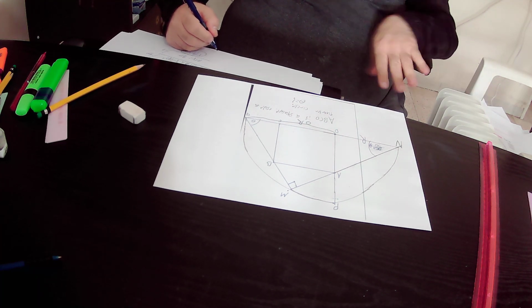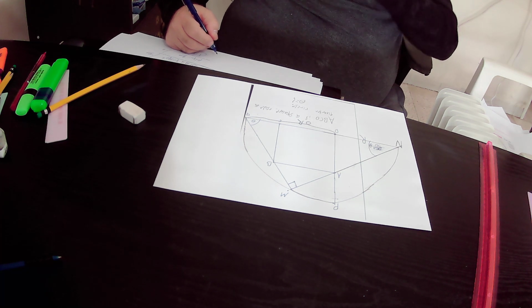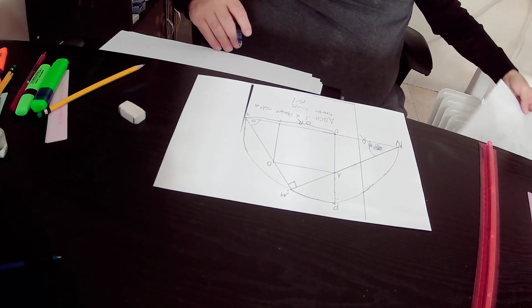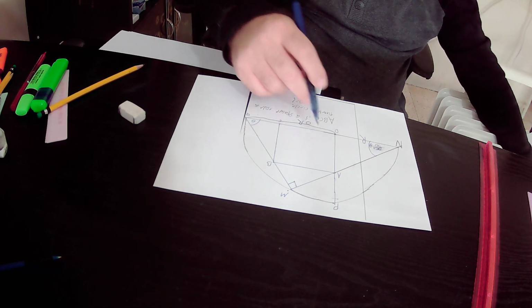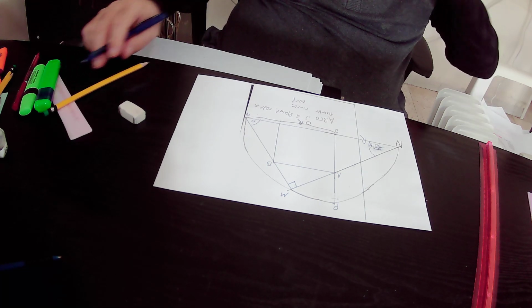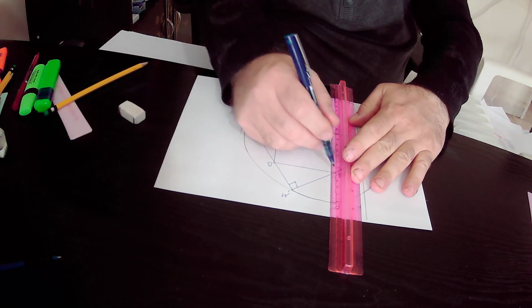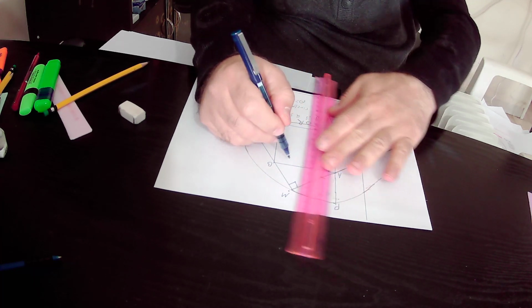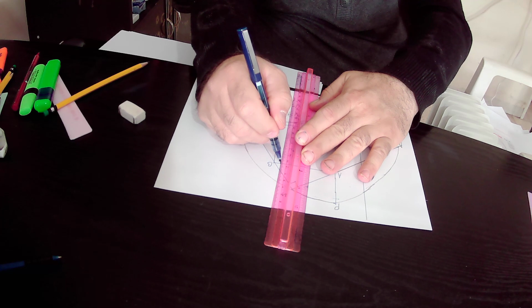We also know that all the angles inside the square are right angles. So inside square ABCO we have 4 right angles. Those 4 angles are right angles.